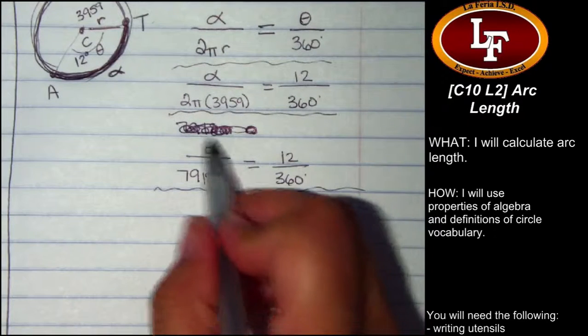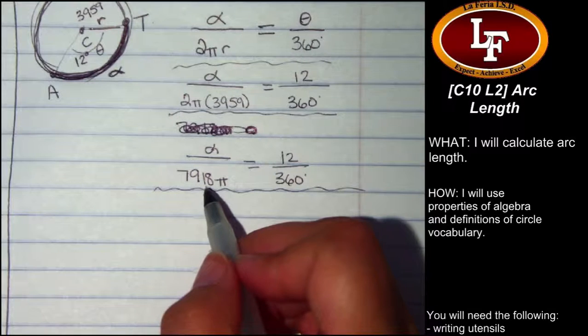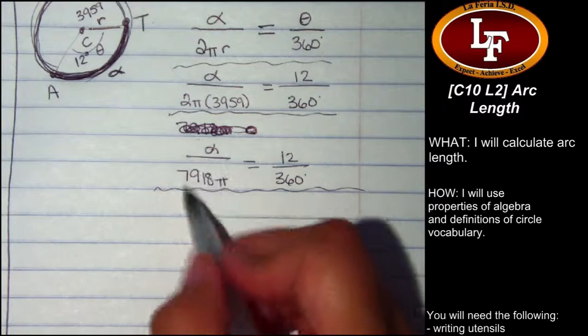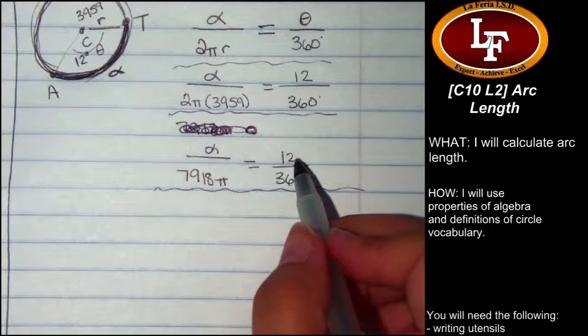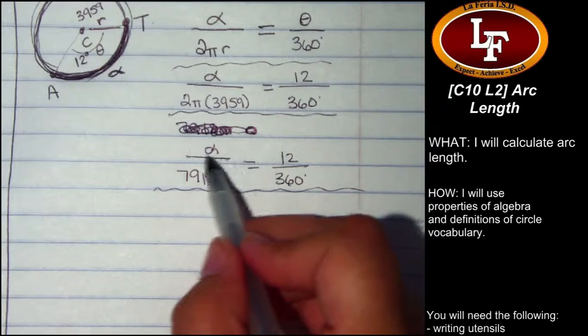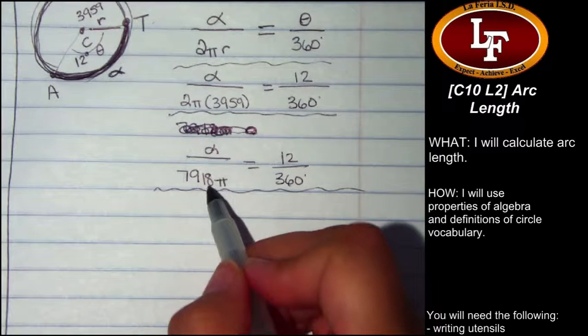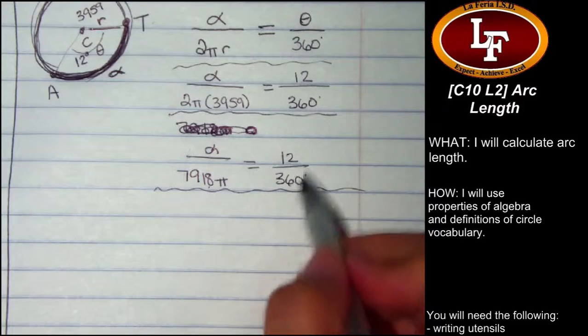I'm trying to solve for this arc length here. Two ways I can go about it. Remember, this is a proportion. One fraction equals another fraction. Whenever you have this set up, you can cross multiply. Or I can look at this right here and notice that my arc length is being divided by some number, and there's no other variables anywhere else in my equation.